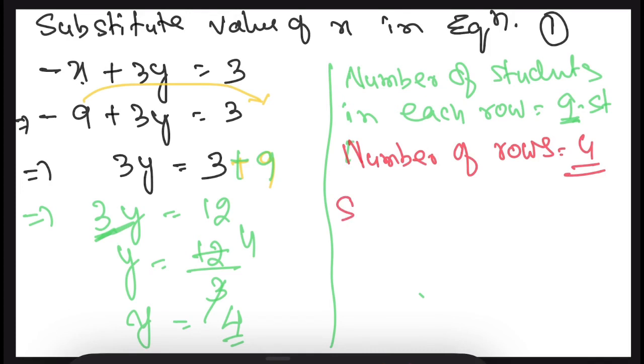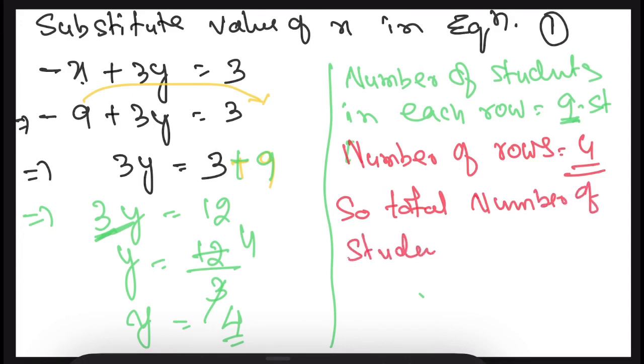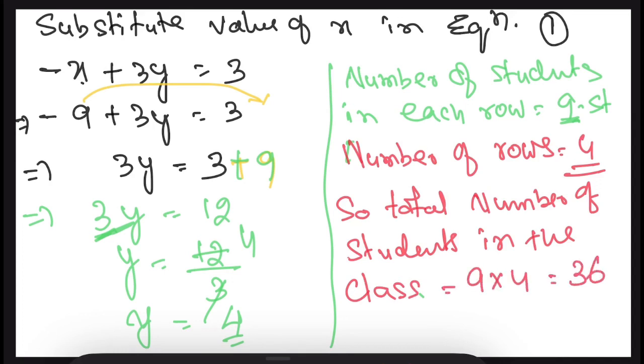So total number of students in the class equals to what? 9 into 4, that is 36 students. Got it? This is the answer.